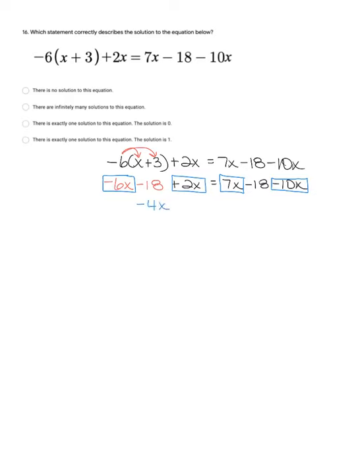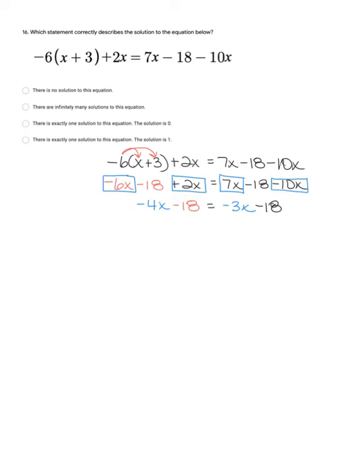We still have the minus 18, and that is equal to 7x minus 10x is -3x. And we still have the minus 18. So now we can make a decision as to how many solutions this equation has.